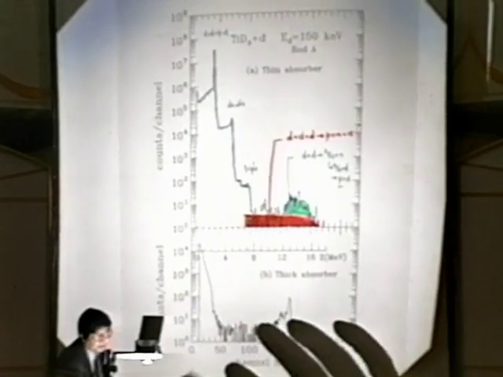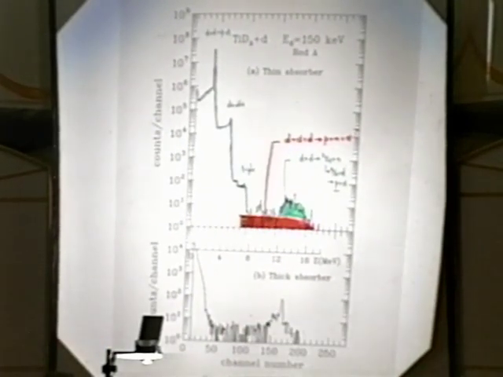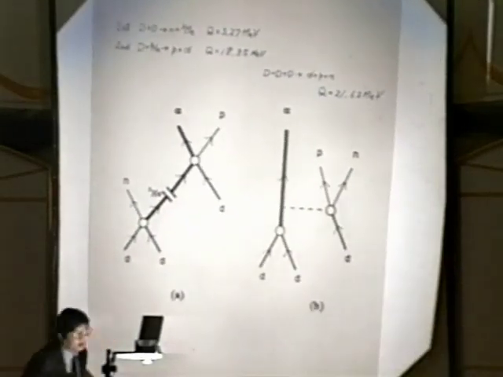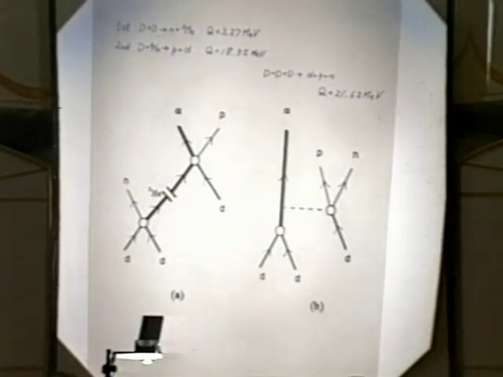As I showed you in this spectrum, the maximum energy of this continuum part is higher than this sequential process. So we have to think about the other process like this one, because if the three deuterons interact simultaneously, then we get another Q value, because these Q values are added together.